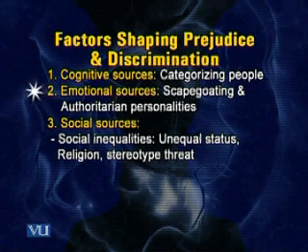As far as emotional sources are concerned, we will be talking about two psychoanalytic theories, scapegoating and authoritarianism, or authoritarian personalities. And as far as social sources are concerned, we will be talking about social inequalities, social identity and intergroup competition. So today we will be talking about cognitive and emotional sources of prejudice and then discriminatory behavior.